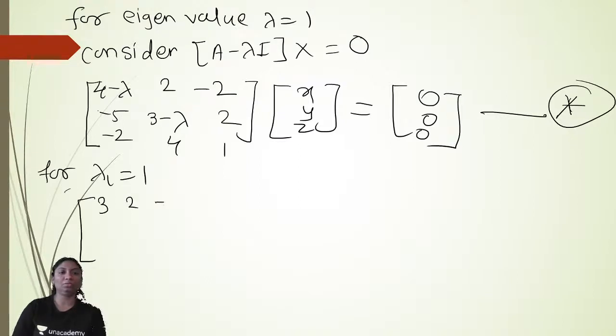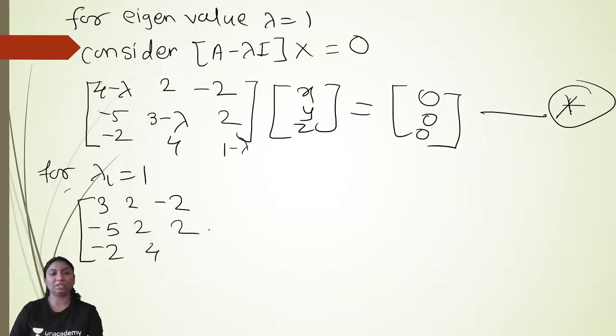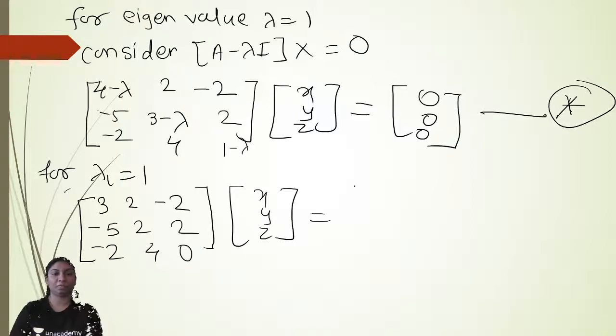3, 2, minus 2, minus 5, 2, 2, minus 2, 4, 1 minus lambda. Here lambda is equal to 1, so that entry is 0. So x, y, z is equal to 0, 0, 0.